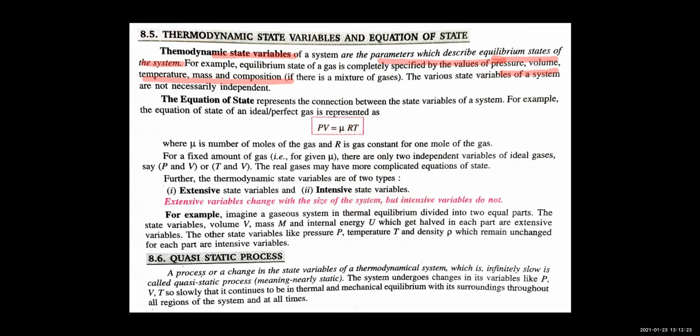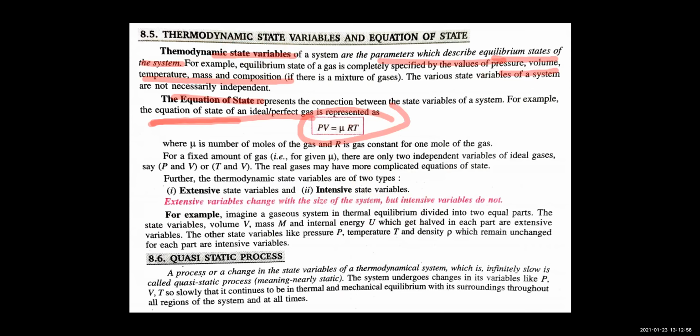The equation which shows the connection between these state variables is known as the equation of state of ideal gas, which is PV equals mu RT, where P is the pressure, V is the volume, and T is the temperature of the system in equilibrium.